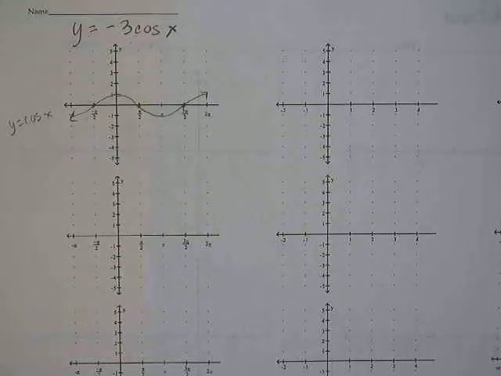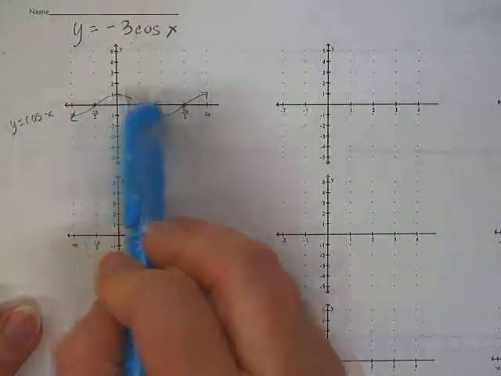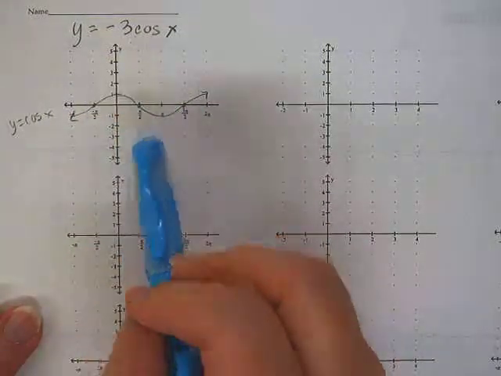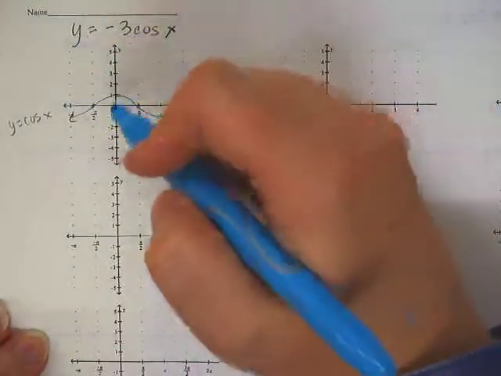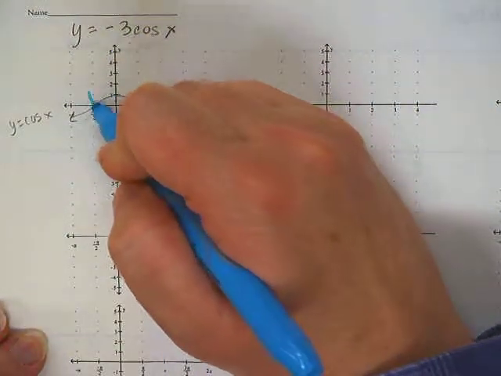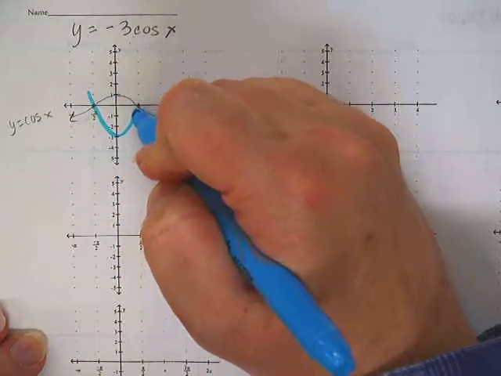That's the distance from the middle, so half of the distance from top to bottom, or the distance from the middle up and down, right? So if the middle is here, then instead of going to a +1 and a -1, it's going to be 3. And because of the negative, this will flip upside down instead.